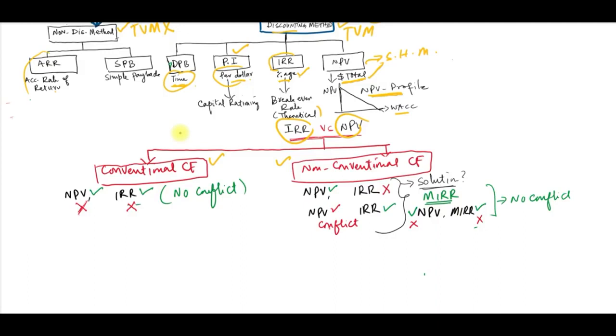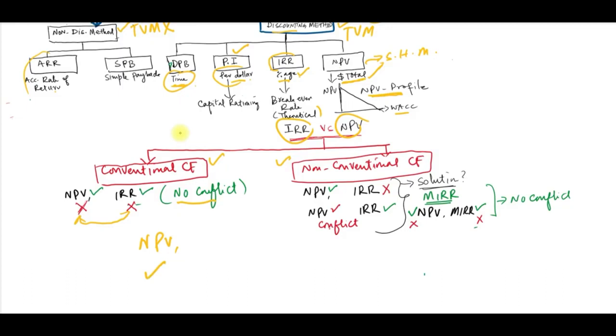Or if NPV says do not accept, IRR also says do not accept. So there is no conflict if the cash flows are conventional. Please remember that when the cash flows are conventional, there is no conflict between NPV and IRR. If you have calculated NPV, you can say IRR would also say to accept this project.